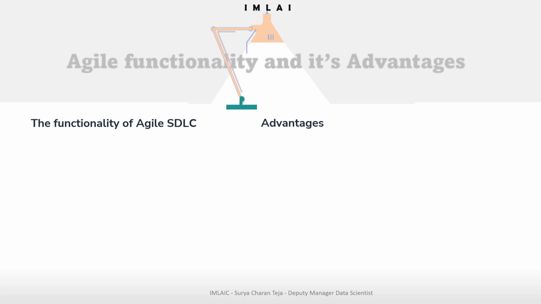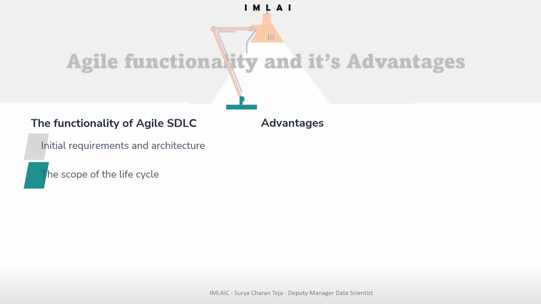Now, if you see the functionality of agile SDLC, the working of agile starts with initial requirements and architecture. Then it goes to the scope of the life cycle.